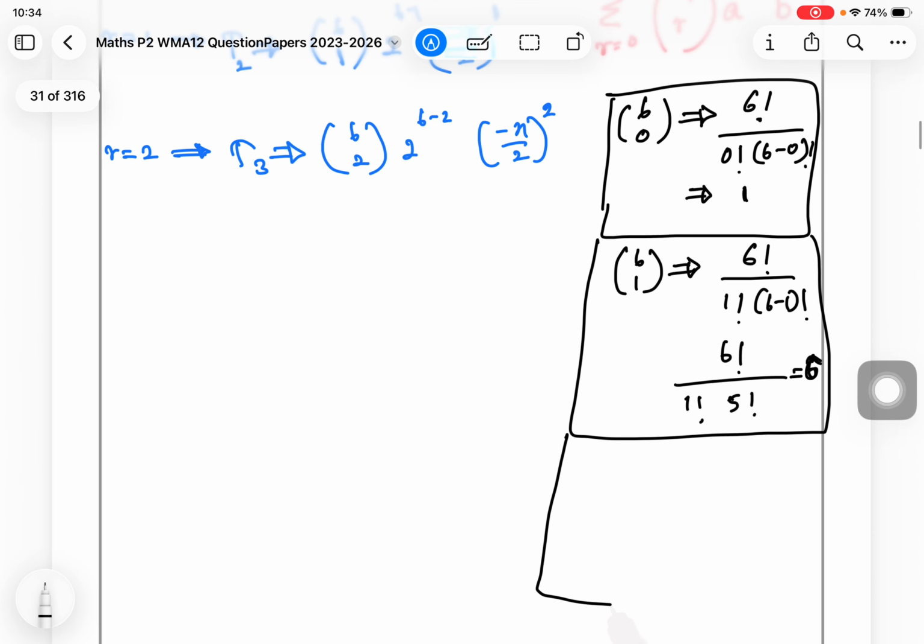Similarly, the last example, which is 6C2, that would give us 6 factorial, 2 factorial, and 6 minus 2, which is 4 factorial. And that would give us the values.